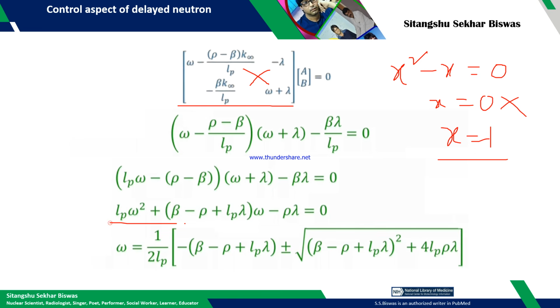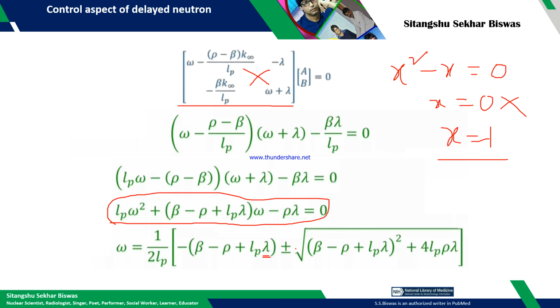Now you can see that this equation finally becomes a quadratic equation in omega. So now you know it is minus b plus minus root over b square minus 4ac by 2a. Here we will go for some more assumptions.